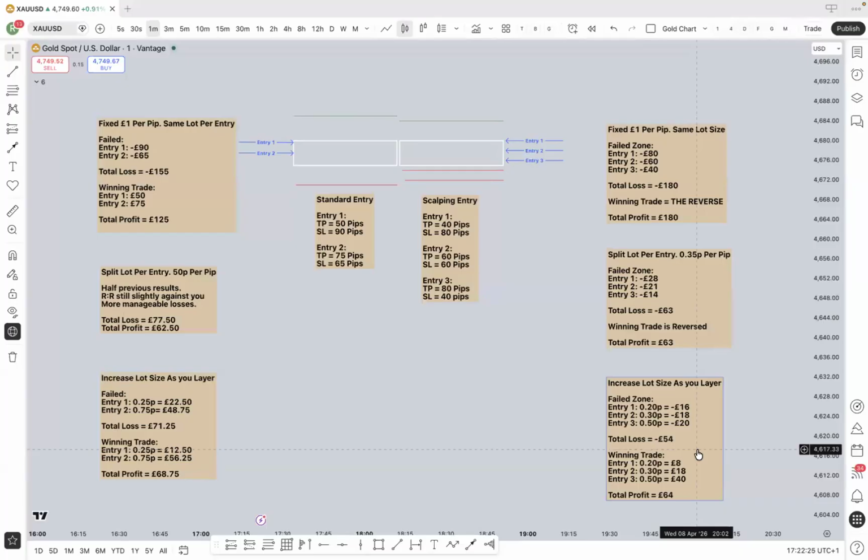Now, for argument's sake, say you wanted to be a bit more patient and you wanted to take entry 1 out of the mix, okay? Take this one that's against you in terms of risk to reward out of the mix and use our example here. Okay, we're not going to redo these figures, but let's just keep it at 30 and 50. Okay, if you take that £16 loss off, you would then be at, what would you be at?